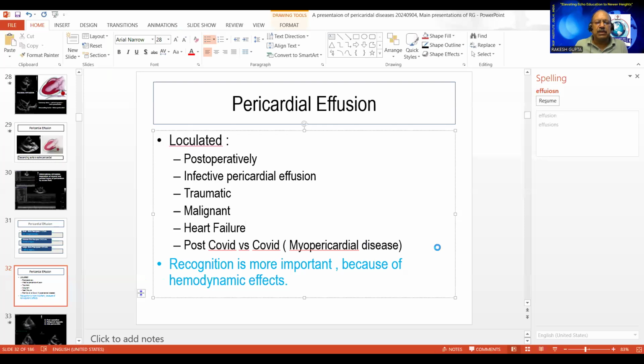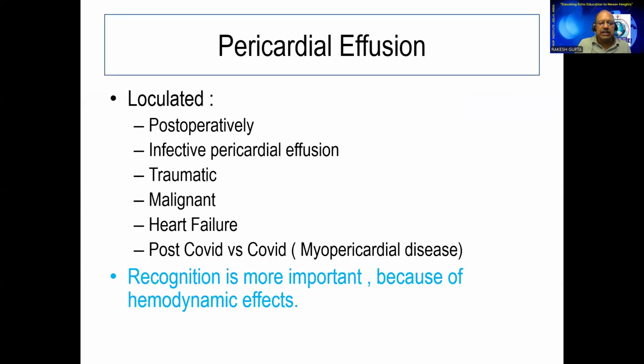And we do see very commonly this kind of pericardial effusion in our clinical practice when the patient comes with a heart failure, especially the heart failure with preserved ejection fraction or HFpEF, or patient with atrial fibrillation.